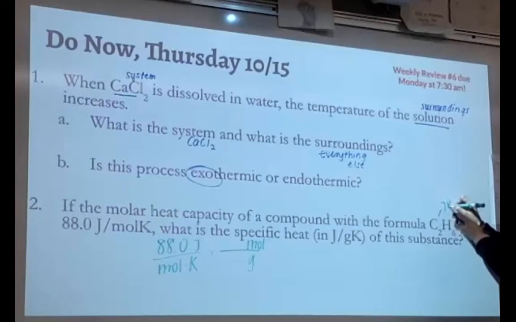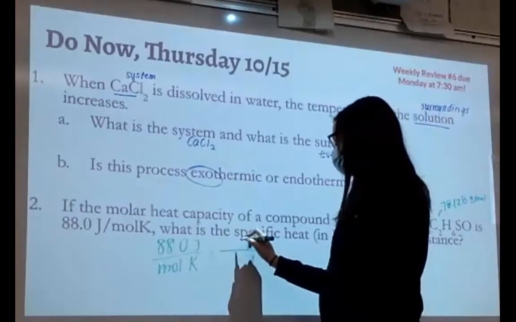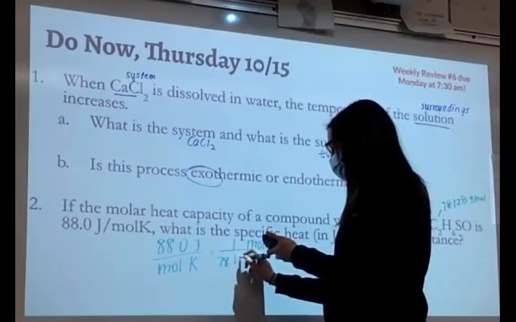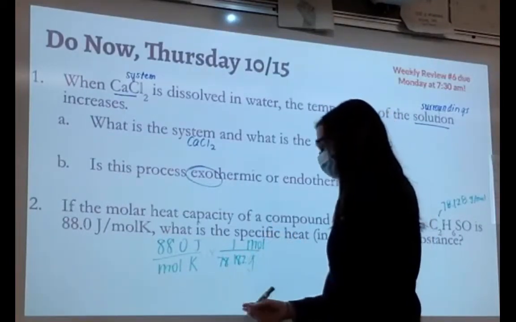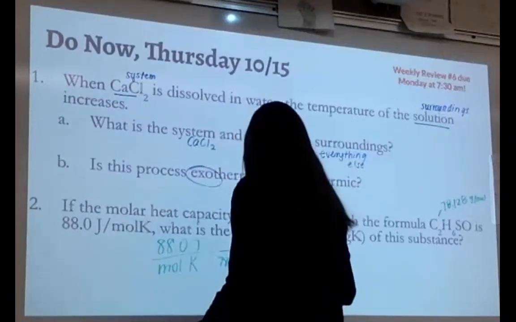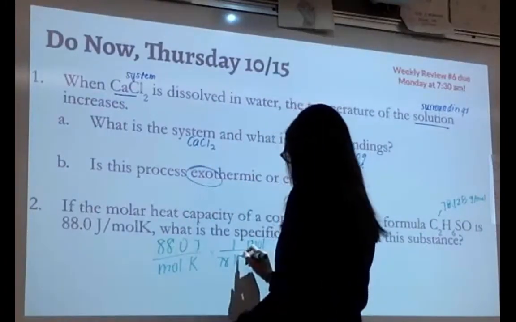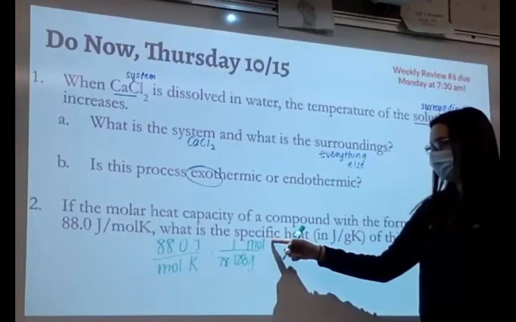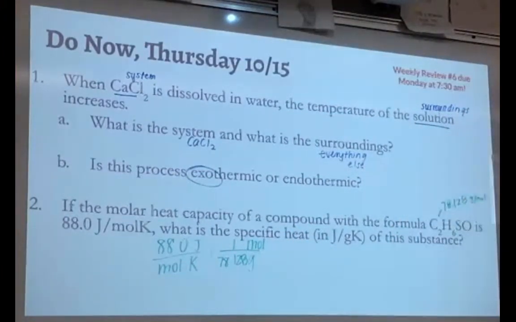The molar mass of this is 78.128 grams per mole. So the molar mass is always for 1 mole, 78.128 grams for 1 mole. It's always 1 mole, whether it's on top or bottom, 1 goes in front of moles.